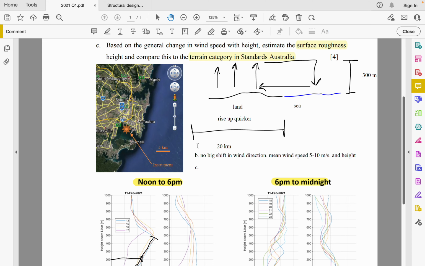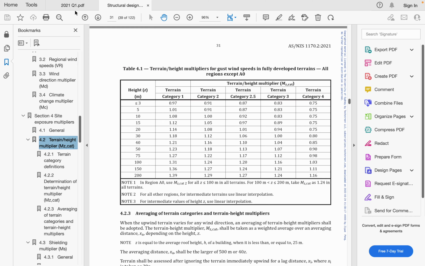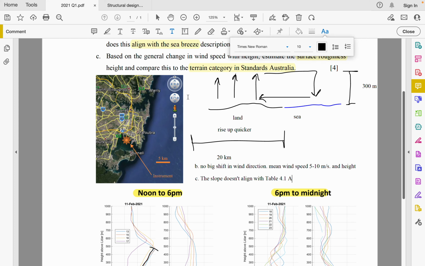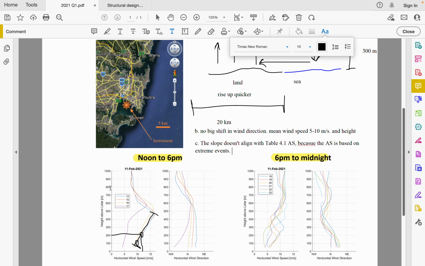So the answer here is the slope doesn't align with table 4.1 in the Australian standard, because the Australian standard is based on extreme events, and this breeze is very far from an extreme event.